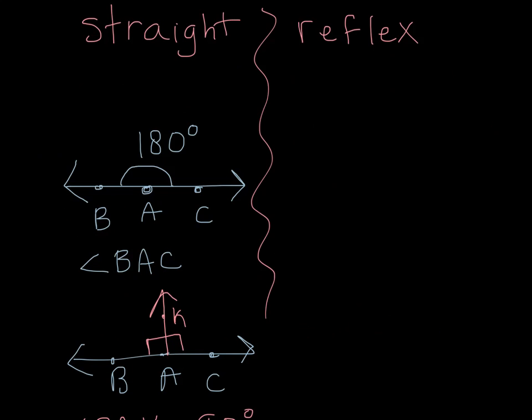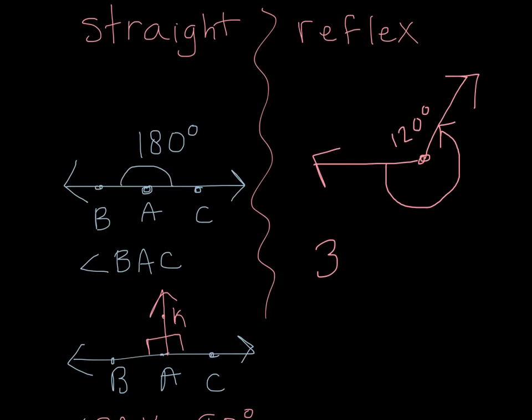Okay, so next, a reflex angle. So a reflex angle could look like this. And you might say, but that looks like an obtuse angle, and I would say, well, I mean this part of the angle. Okay, so let's say that the angle over here is 120, so we know all the way around is 360.